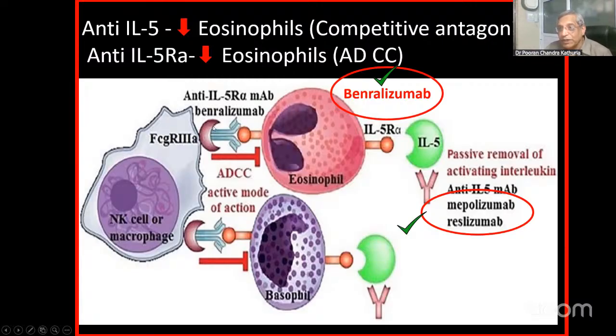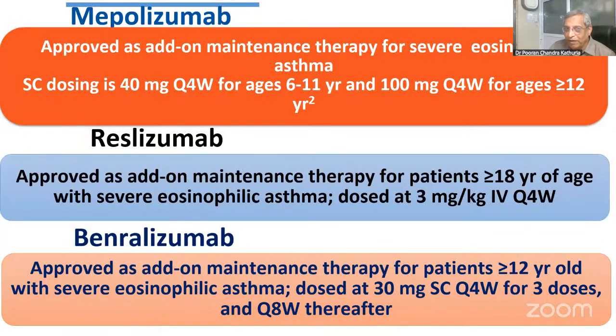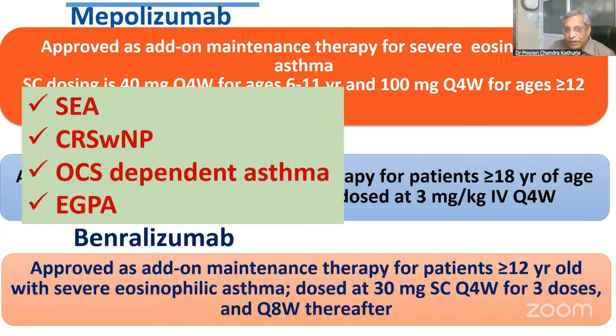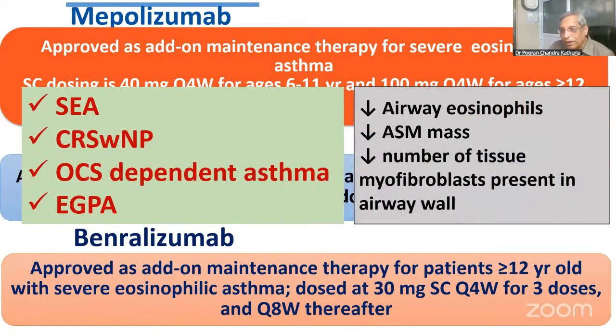That's why we use the term zero eosinophils with anti-IL-5 receptor and fewer eosinophils in case of only the anti-IL-5. So these are the drugs. It is indicated in EGPA also now, and it is also being studied whether it decreases the airway burden. Still, it is debatable.